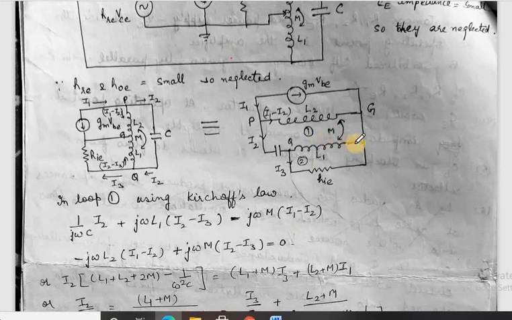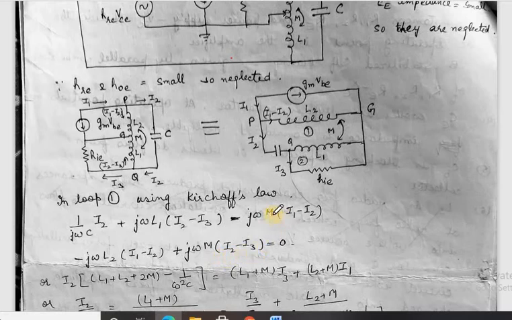Then next in the loop we'll be taking L2. For L2 the direction of current is changed, so we can write minus j omega L2 I1 minus I2. And for this also the mutual inductance will be j omega M I2 minus I3.